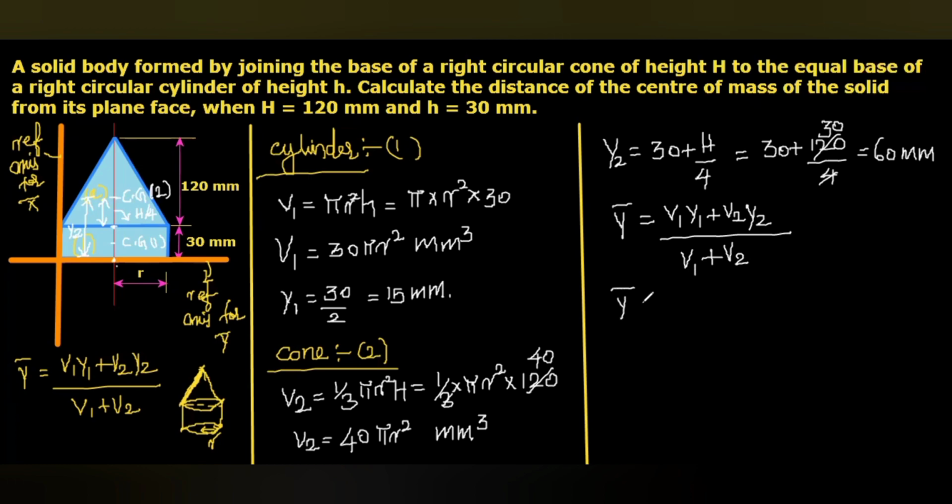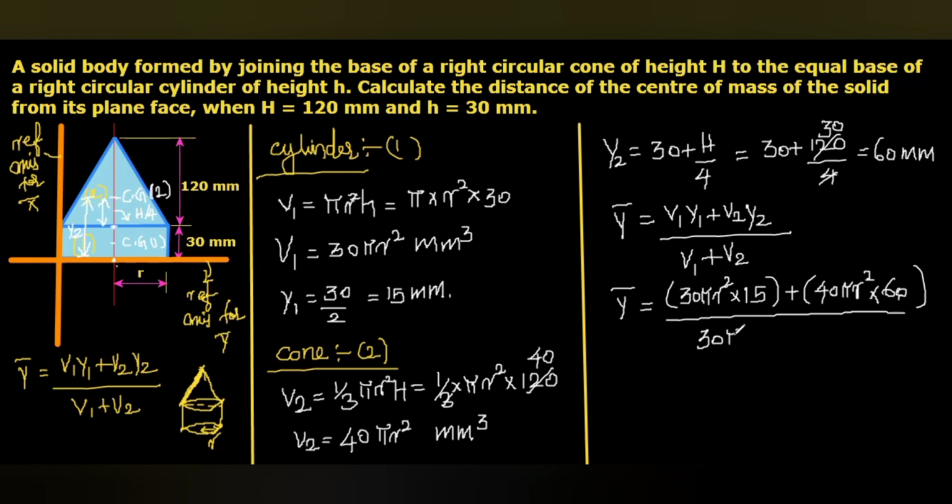So Y bar equals V1, that is 30 pi r square, multiplied with Y1, that is 15 mm, plus V2, 40 pi r square, multiplied with Y2, that is 60 mm. The whole divided by V1 plus V2, that is 30 pi r square plus 40 pi r square.